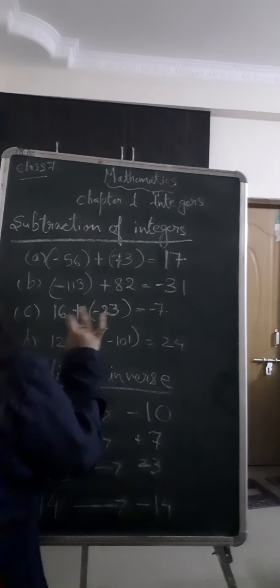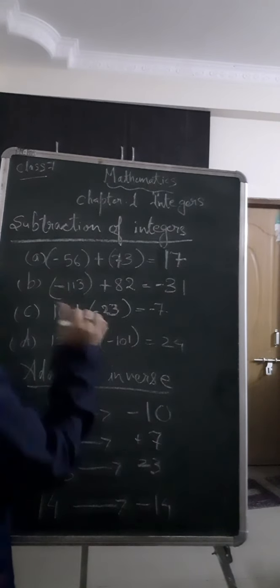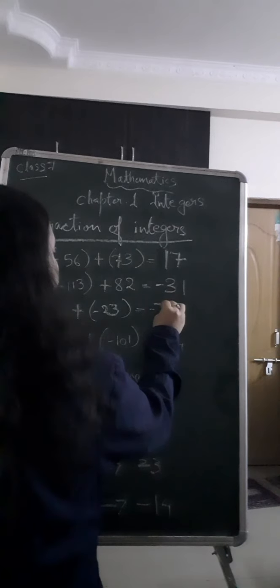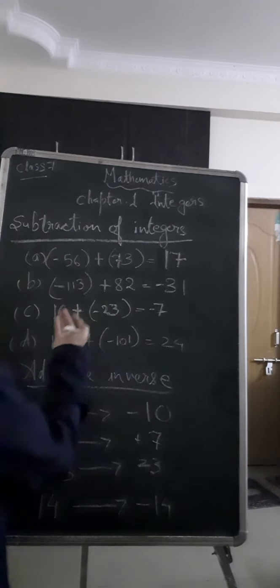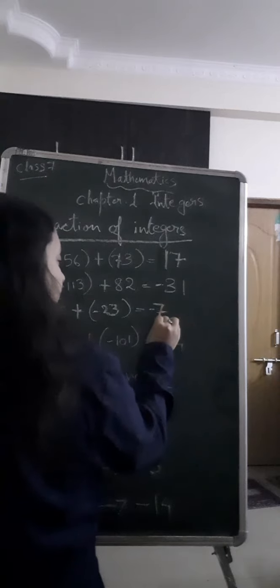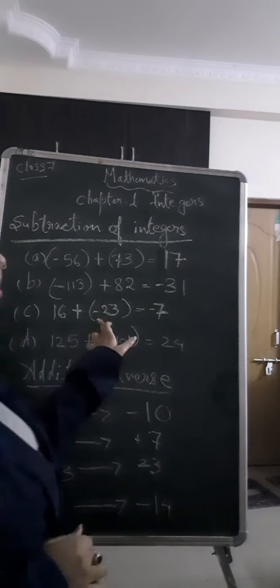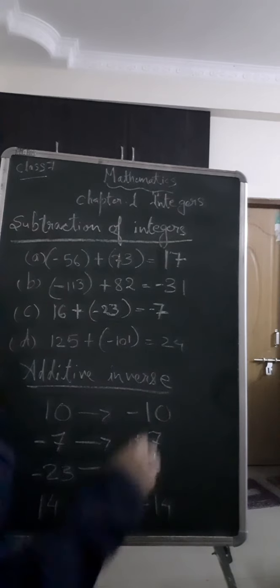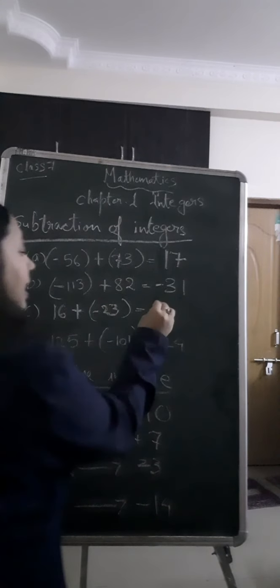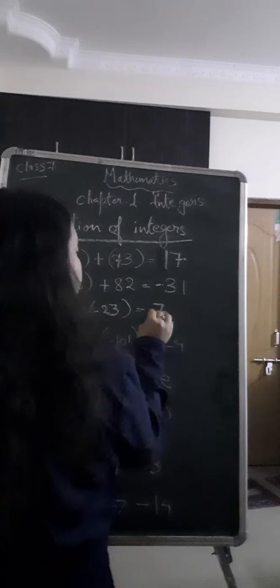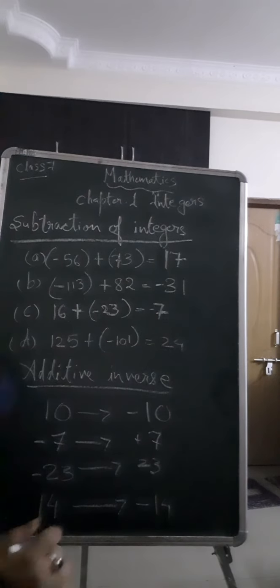After performing the subtraction, on simply subtracting 23 and 16, we will get 7. But now which is the greater number? 23 is the greater number and the sign in front of 23 is minus. So here I have placed a minus sign in front of 7.